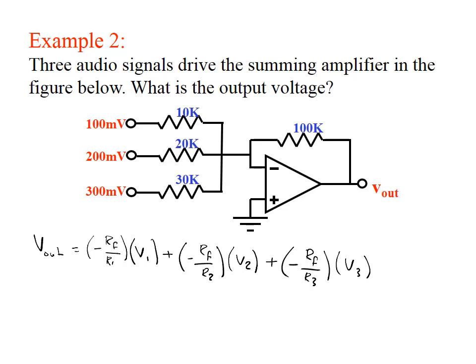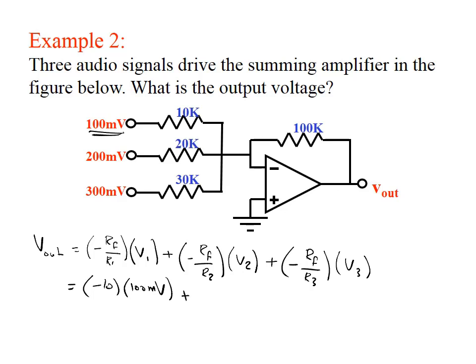Okay, so that means we have minus 10, right? That's 100 kilo over 10 kilo is 10, so minus 10, and V1 is 100 millivolt. Remember, this is V1 here.